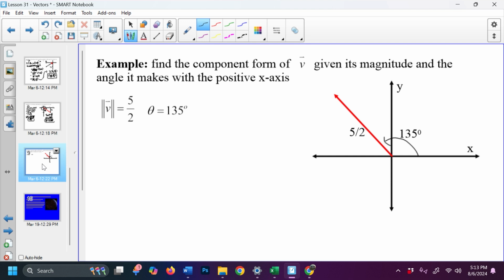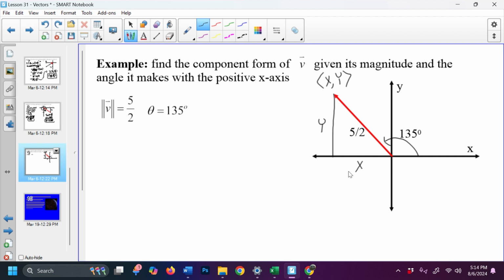Now here they ask me to find the component form of vector v given its magnitude and angle that it makes with the positive x-axis. So this question is essentially asking us to do the opposite of what we did before. They want me to find this x value and this y value because that would be the components of this vector.